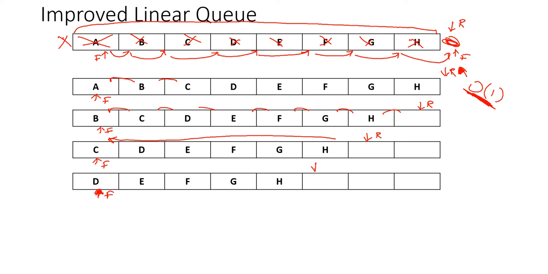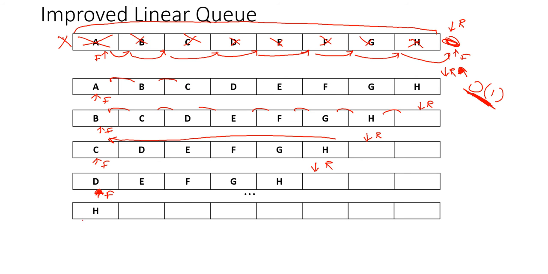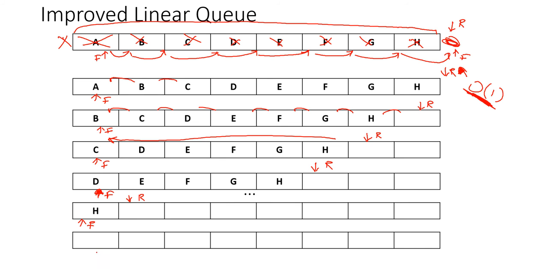So it does kind of make more sense, this one. And it carries on and carries on until the front pointer is there and the rear pointer is there. And then with the front pointer and rear pointer at the same location, it's empty. So this one makes a lot more sense than just moving pointers around, shifting everyone up.